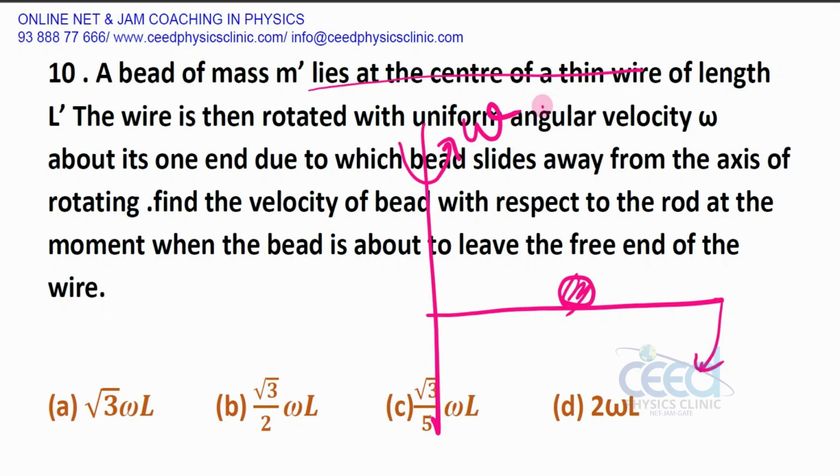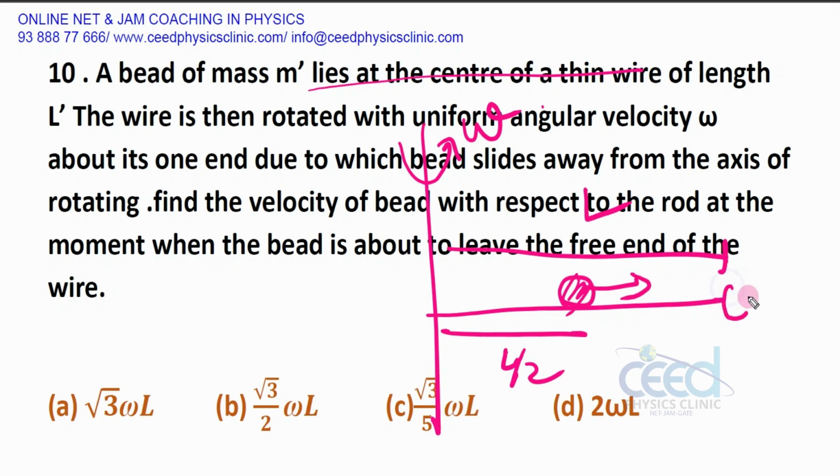At the middle, the wire length is L. Now by rotation, due to centrifugal force, this bead is moving away. At the time it is leaving the wire, we want to calculate the velocity of the bead.